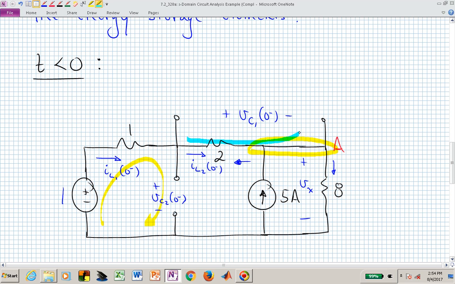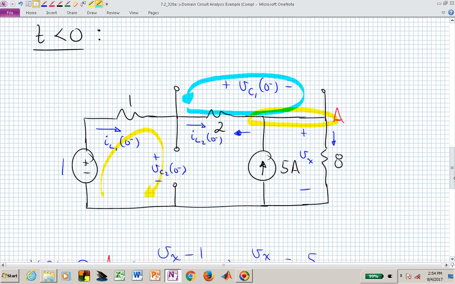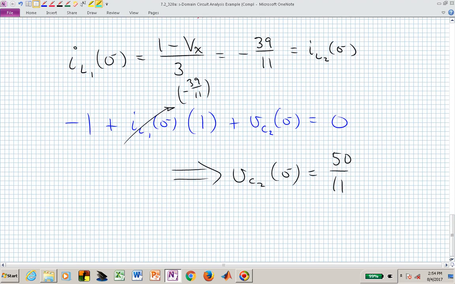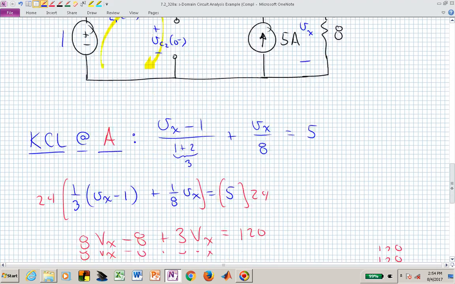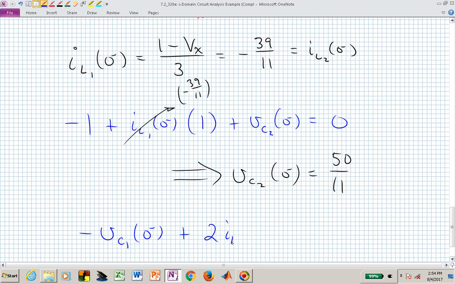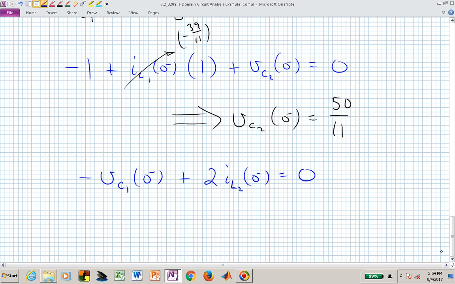And if we go around this way with our KCL, for whatever reason, that's what I'm wanting to do. Now I have minus V sub C sub 1 of 0 minus plus 2 times I sub L sub 2 of 0 minus is equal to 0.